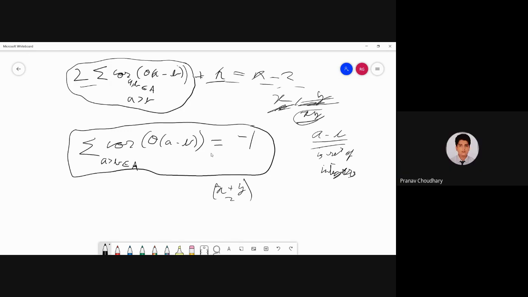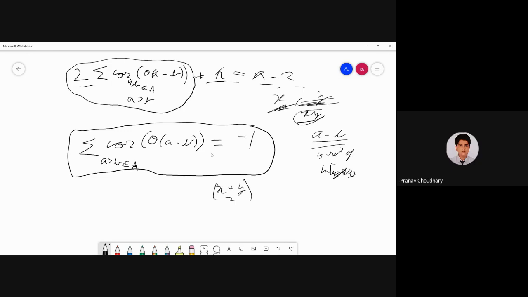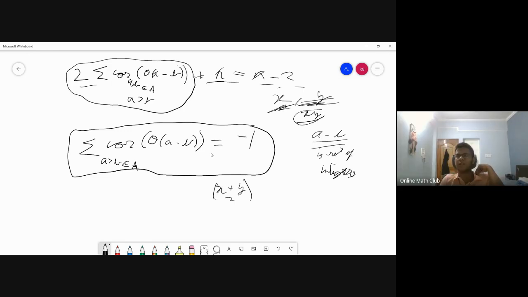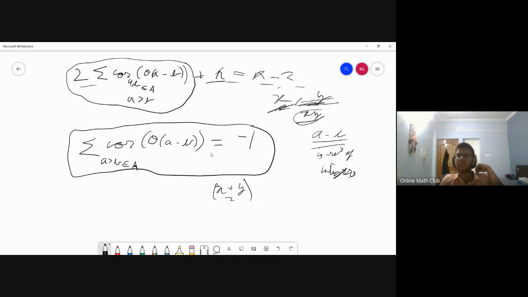But see, there will be three possibilities: greater than or equal to 1, less than or equal to minus 1, or 0, for the total sum, right? Yeah, but now you have added four things. So the worst thing you're getting is minus 1 by 4 or something. Because if it is a pi by 2 multiple, then it will be 1 or minus 1 only, no? You're just looking at theta equal to 0 and theta equal to pi.